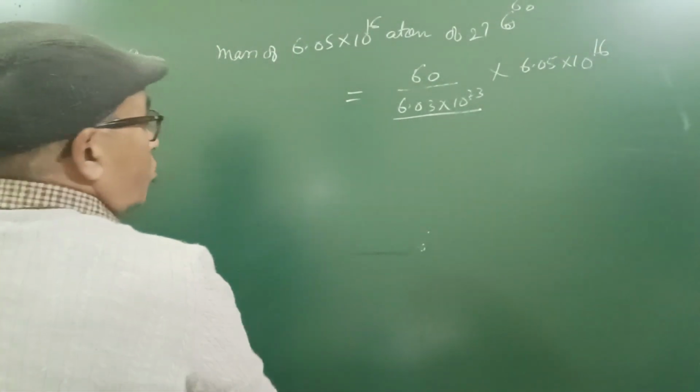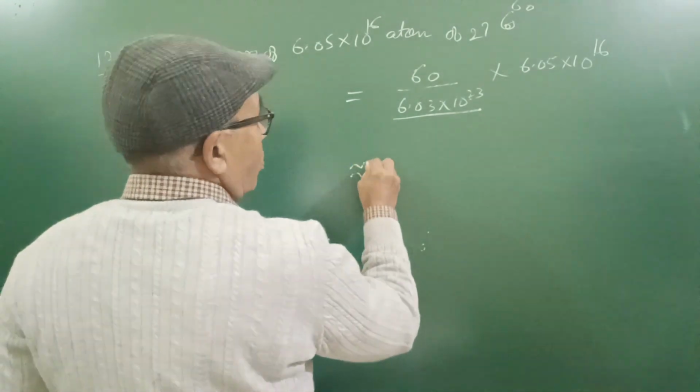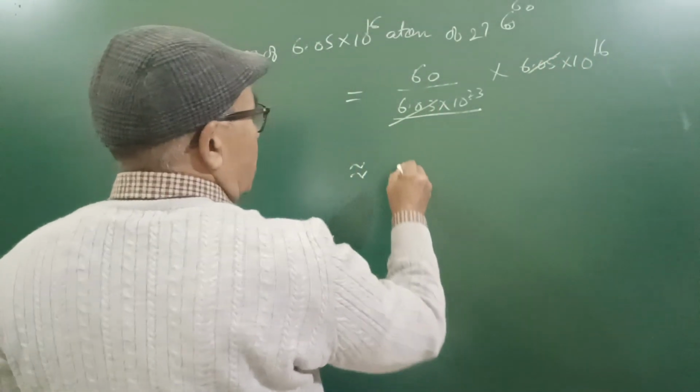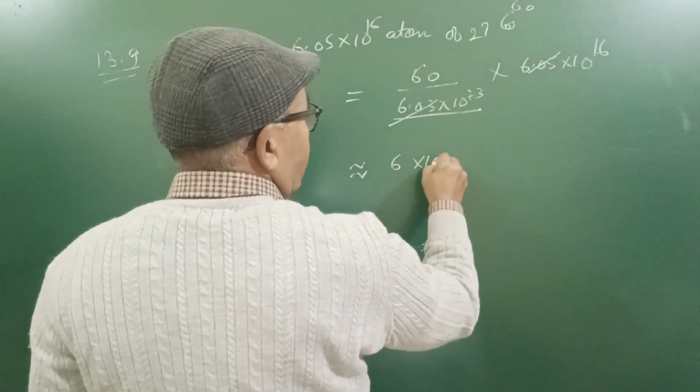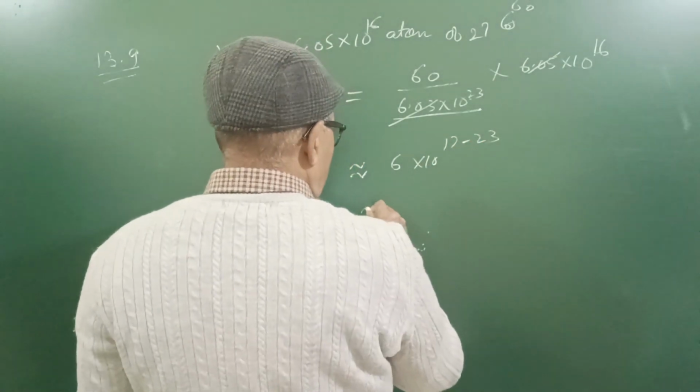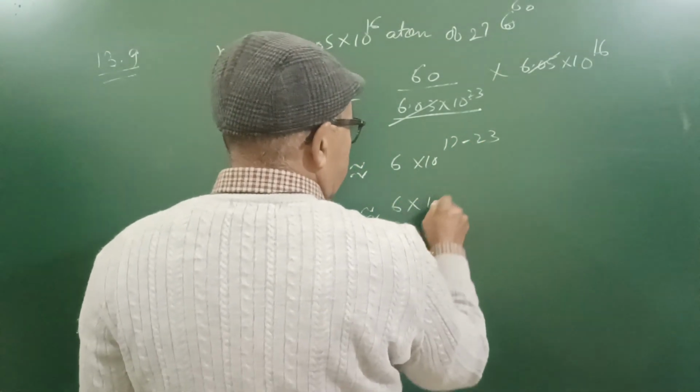And it comes out to be, this cancelled, 6 into 10 to the power 17 minus 23, so nearly 6 into 10 to the power minus 6 gram.